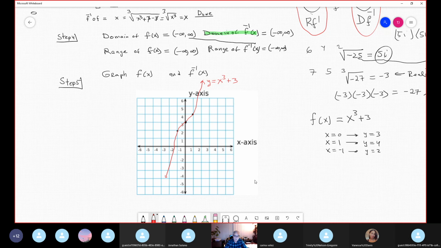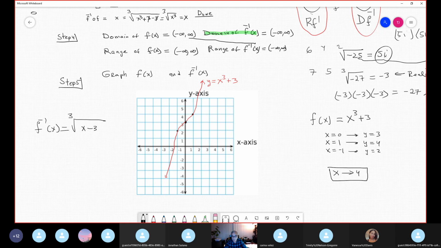So what is the idea behind the inverse function? Well, suppose that you are doing the graph of the inverse function, which is cubic root of x minus 3. Wow, it's easy, not necessarily plugging in. Because what we are doing, remember, is interchanging x and y.